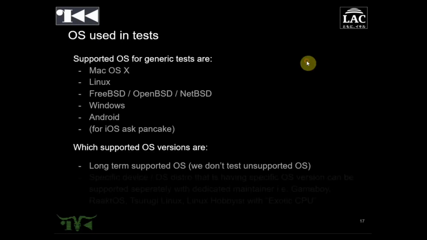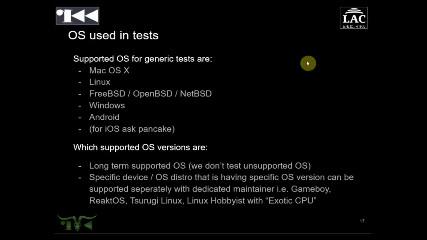Specific devices or distributions with specific operating systems can be supported separately, with a dedicated maintainer if the maintainer exists. For example, Game Boy, ReactOS, Sergey Linux, and Linux hobbyist systems with exotic CPUs like Arduino and so on.